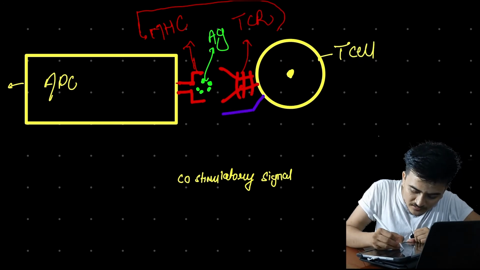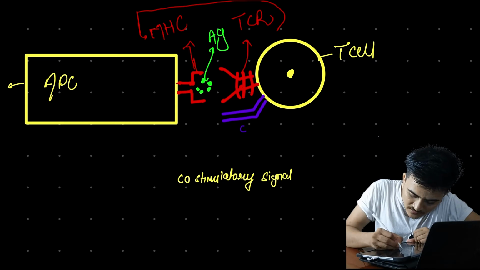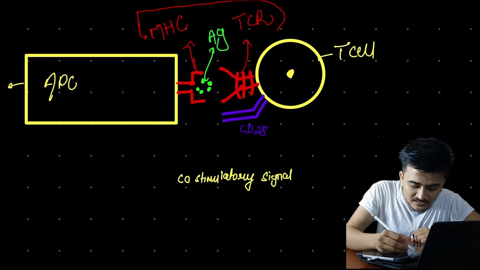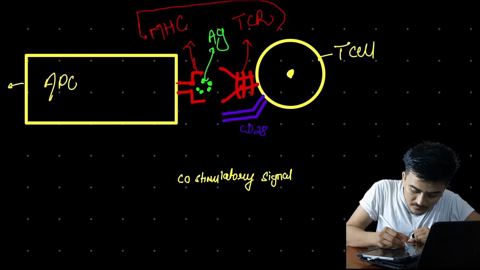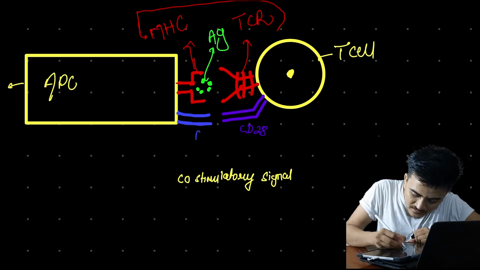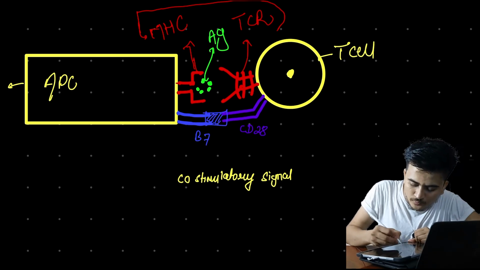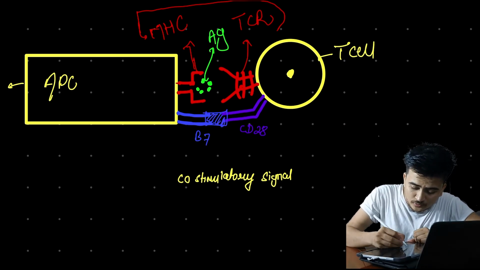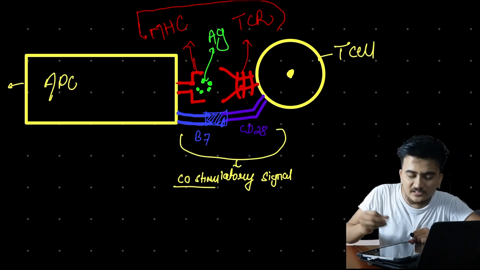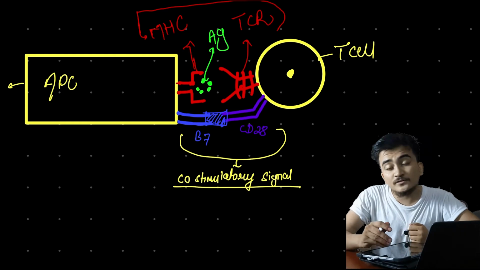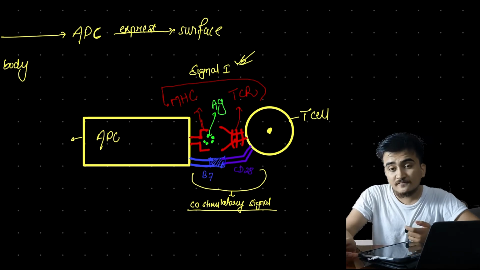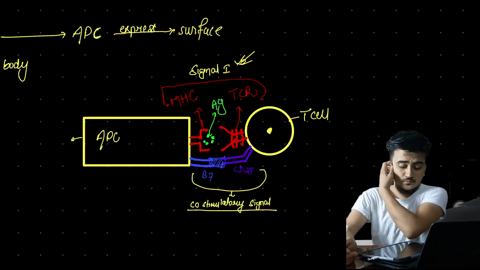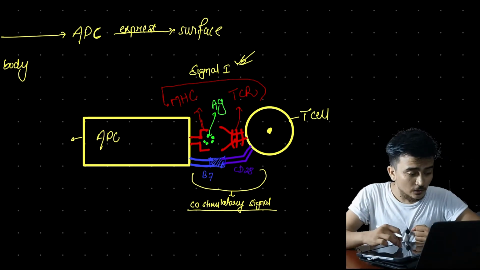CD28 molecules were interacting with our one and only molecule on the surface of the APC, and that is B7. The interaction between these two molecules is called the co-stimulatory signal. Both of these signals are important for the proper activation of T cells. If there is only signal 1, then there won't be proper activation of T cells. So for activation of T cells, we need to have the co-stimulatory signal also.